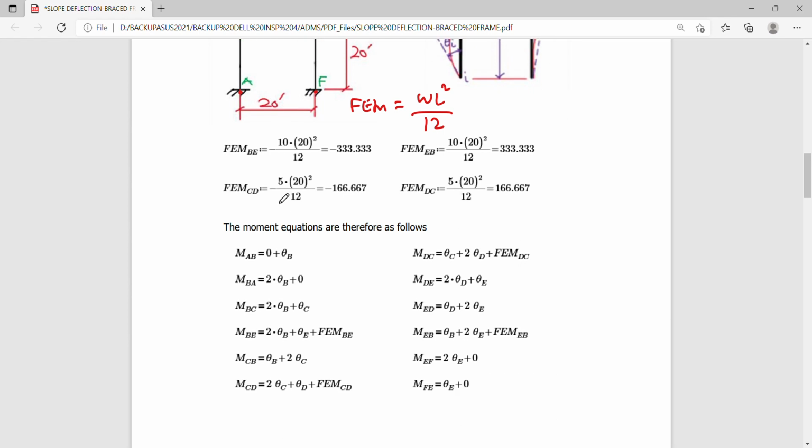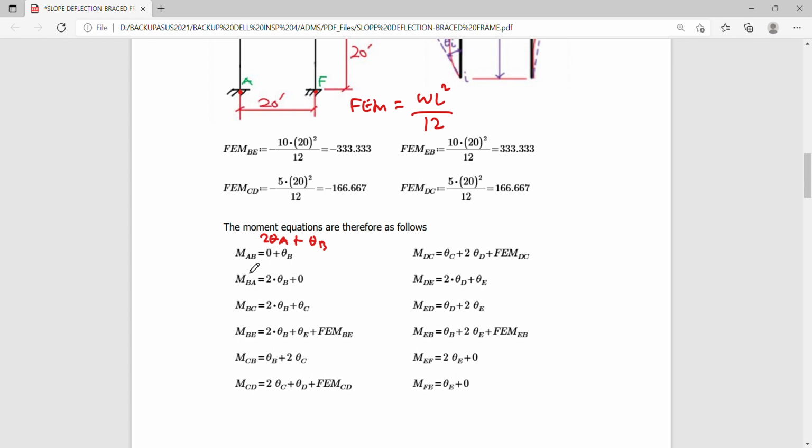Okay, so the moment equations are therefore as follows. It will simply be equal to a value equivalent to 2 theta A plus theta B. Okay, since theta A is 0, this becomes 0 plus theta B. So remember that the coefficient 2 is actually multiplied into the rotation which has a subscript equivalent to the first letter in your IJ node.